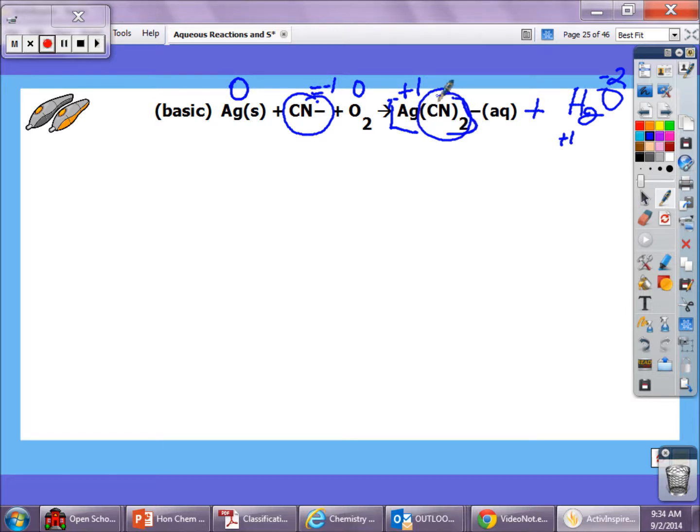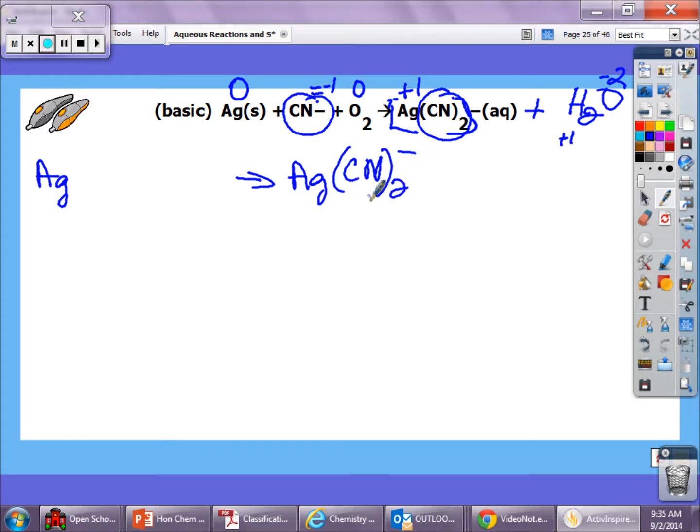So I'm going to split. I have Ag from 0 to +1, but this is in a species. I cannot split it. It's a complex ion. I cannot just take the Ag out of that complex. So I have to put the whole thing. This is Ag(CN)2 minus.